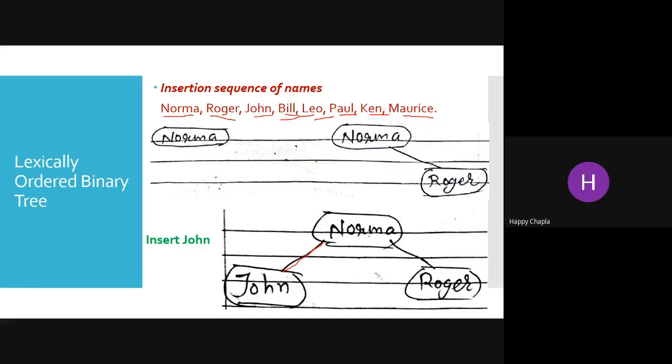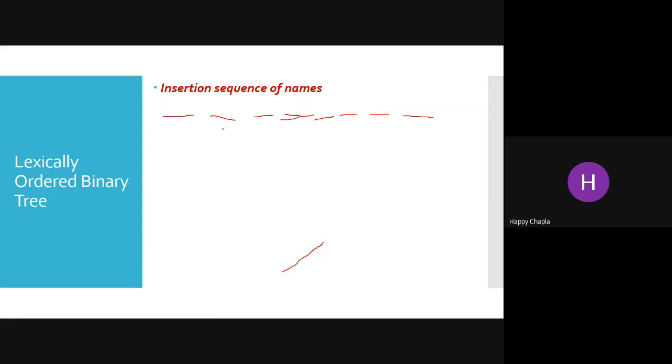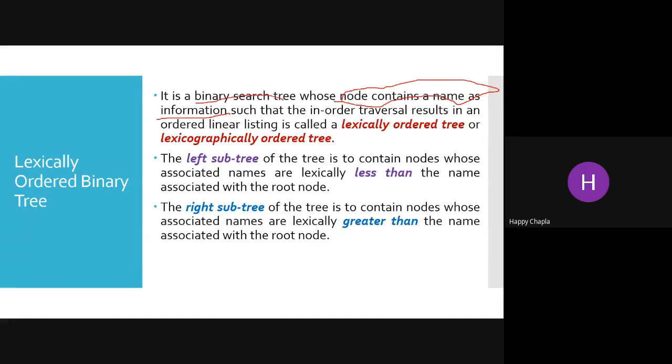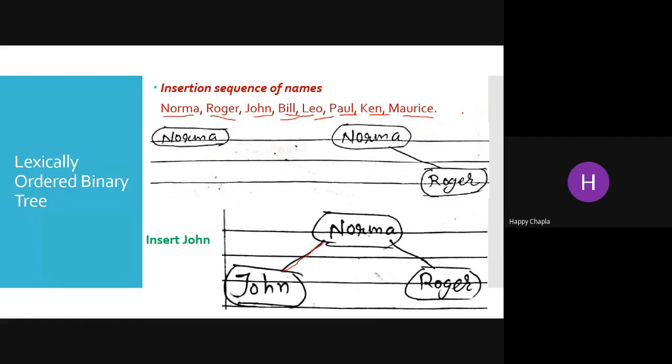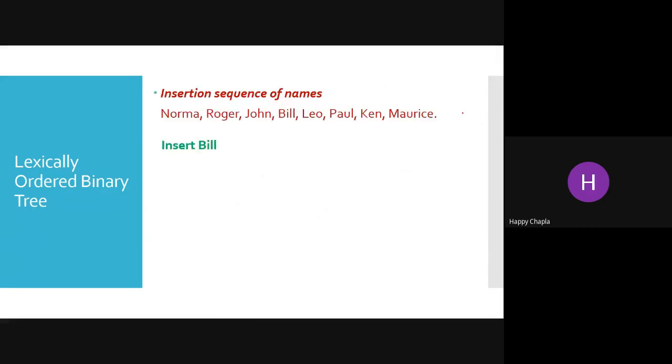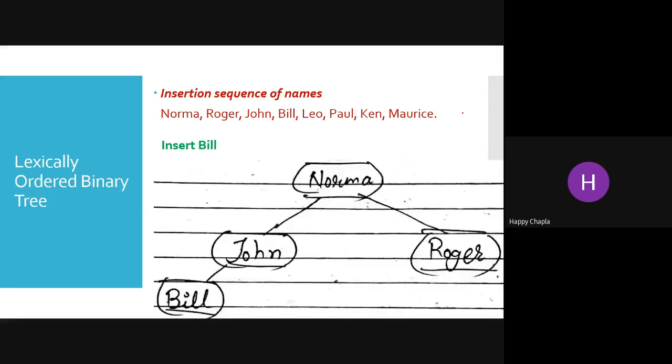Now Bill. Where can we insert Bill? This is the same as your BST, as mentioned here, but the information in the node is a name. Bill goes to the left of John.